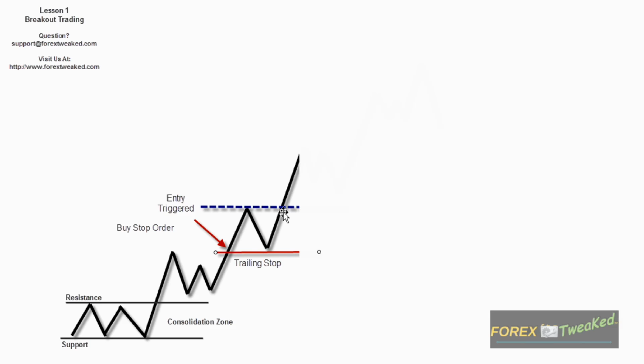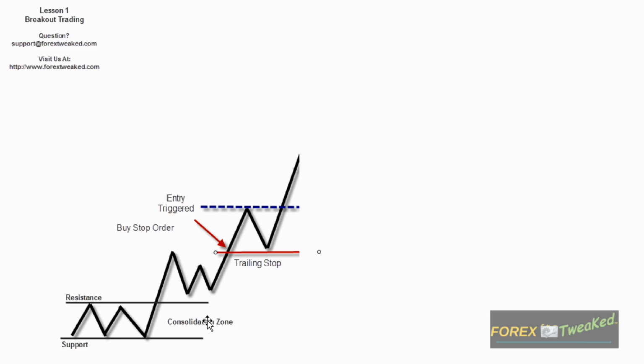So when the market made its initial high here, let's recap. It broke above that, triggered our entry point, created a new high, retraced, created a new support level, and retested the previous high, and broke above that. That gave us confirmation that the market is potentially going to go higher.